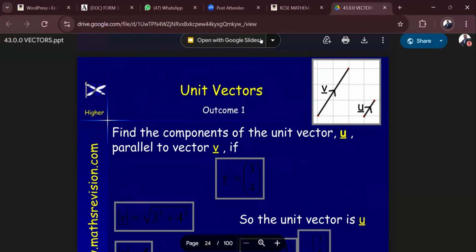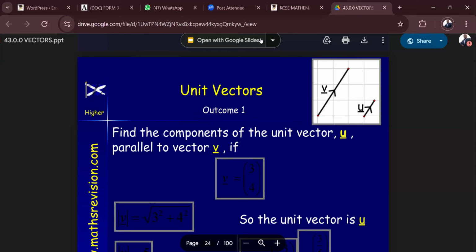So if one unit is u, that's where we are going to bring in the issue of I, J, and K, or I and J. So one unit along x should be I. So 2 units will be 2I, and 3 units will be 3I. For J, if one unit is J, 2 units should be 2J.